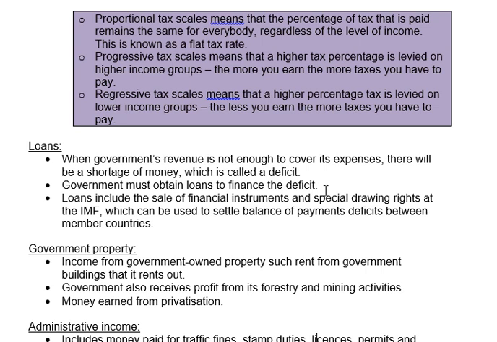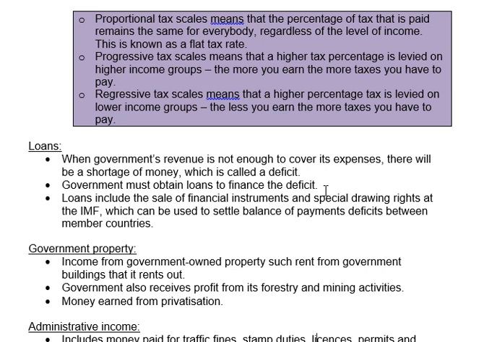So it doesn't matter how much you earn, everybody pays the same percentage of tax. A proportional tax scale is used in many developing countries because it's easier to administer. There are no different tax scales, everybody just pays like 20%. Now it's easy to calculate. Everybody pays the same regardless of how much they earn.